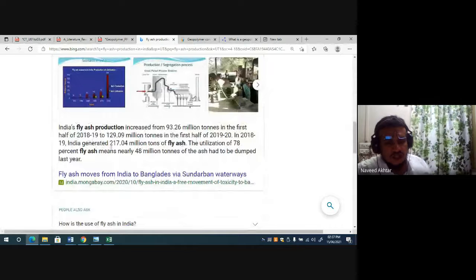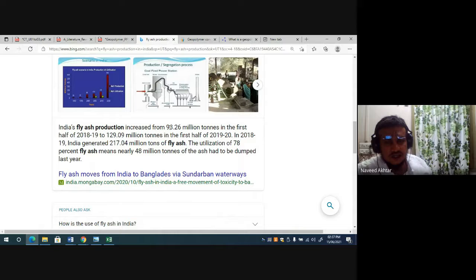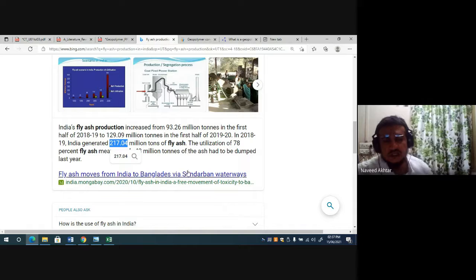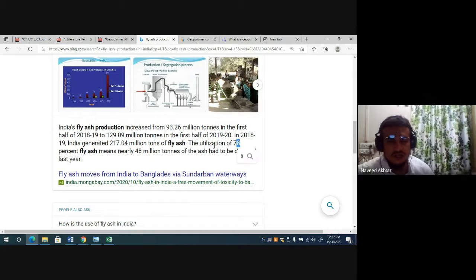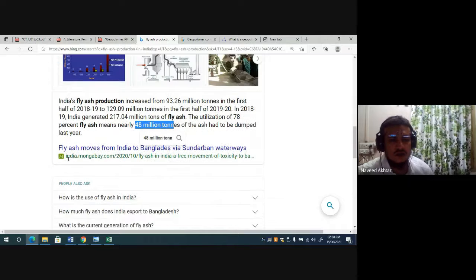So you can see the data of 93.26 million tons in 2018-19, and in the first part of 2019-20, India generated around 217 million tons of fly ash, and utilization of fly ash is up to 78%, and 40 million tons of fly ash are to be dumped for a year.